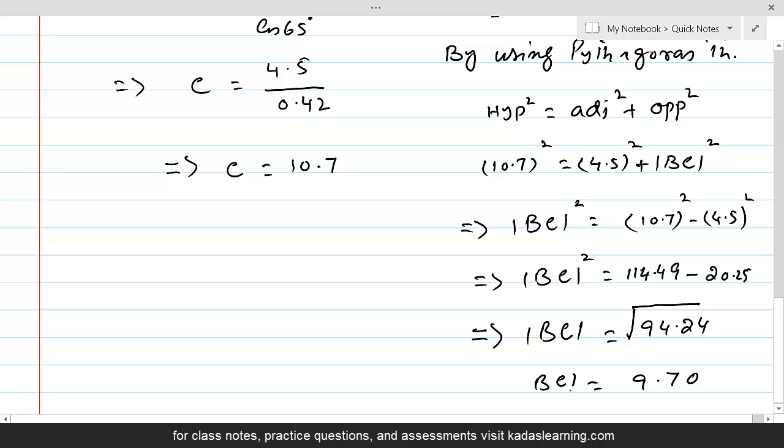This way we have solved for all the 6 elements of the right angle triangle.